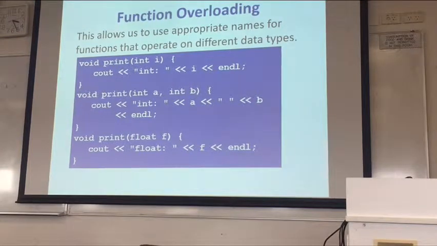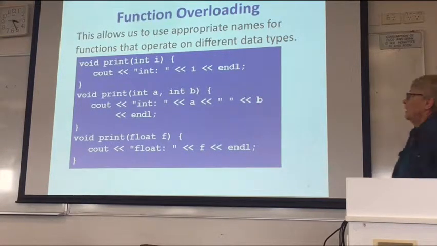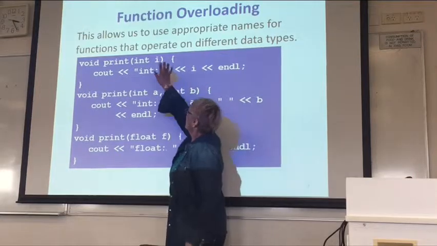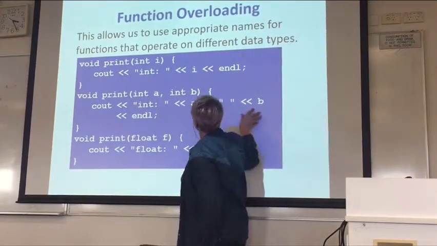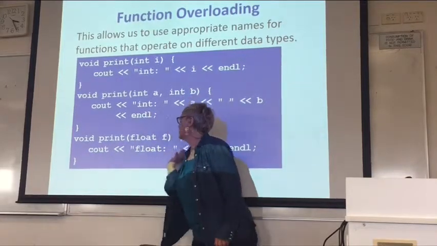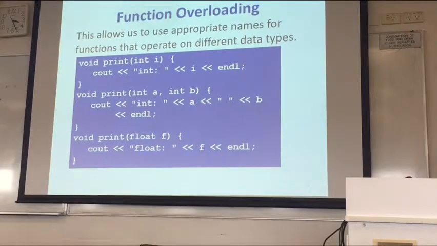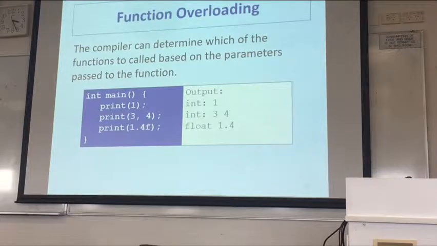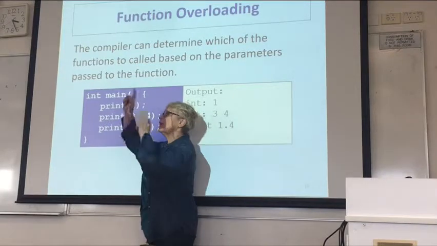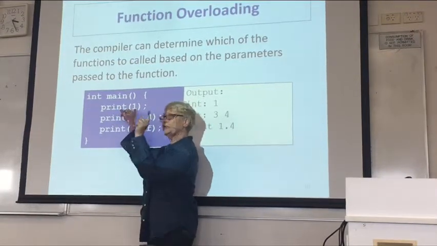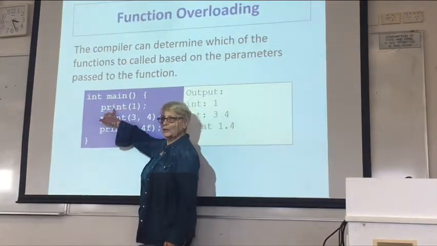So in this example, as you can see, we have here 1 integer and we display the int. We have 2 integers and we display both ints. And we have a float here. When you use them, again, function prototype, main, and then function implementations, the compiler knows which one to use because it has 1 integer actual value.